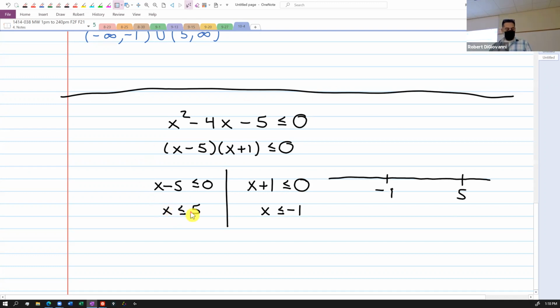This first answer says anything to the left of 5, including 5. So anything this way forever. And the second one is saying anything less than or equal to -1. So anything to the left of -1, which is already included in what you got before, right? And so that's everything basically to the left of 5.